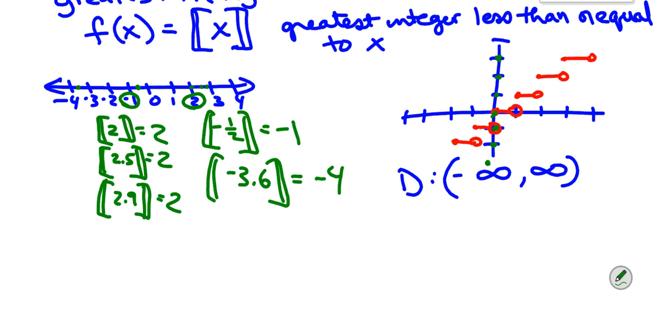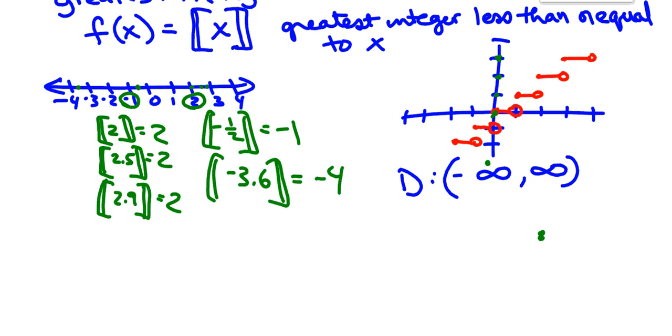So what are those? This is like negative 7, negative 6, negative 5, negative 4, negative 3, negative 2, negative 1, 0, 1, 2, 3, 4, 5. What kind of numbers are those? They can be negative, so not just whole numbers, they're integers. So the domain is the set of all real numbers. The range is the set of all integers.